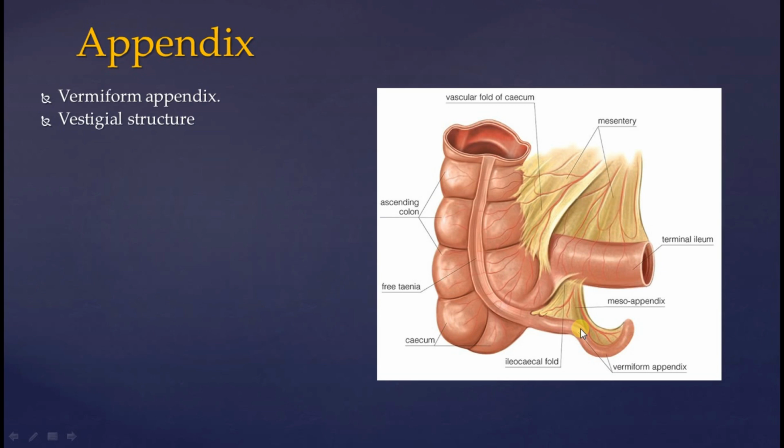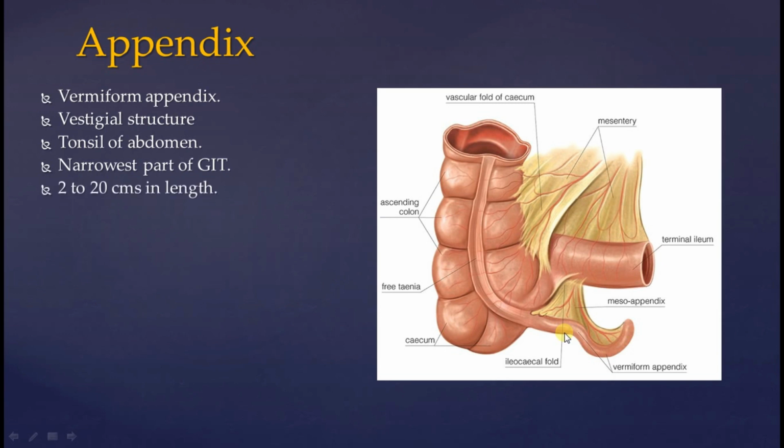It is also called the abdominal tonsil. It gets inflamed mainly because of infections. Aggregated lymphatic follicles are seen inside the wall of the appendix. That is why it is also called the tonsil of the abdomen. It is the narrowest part of the gastrointestinal tract.